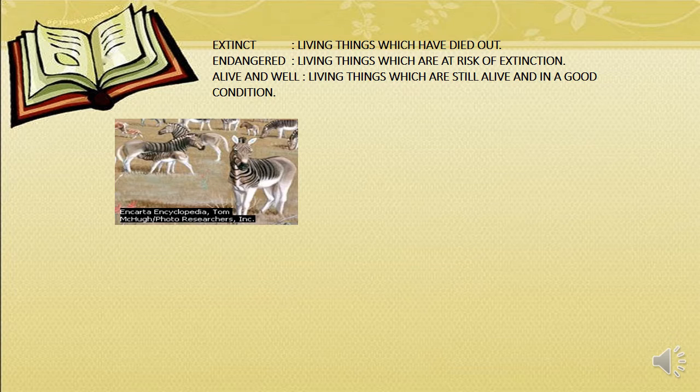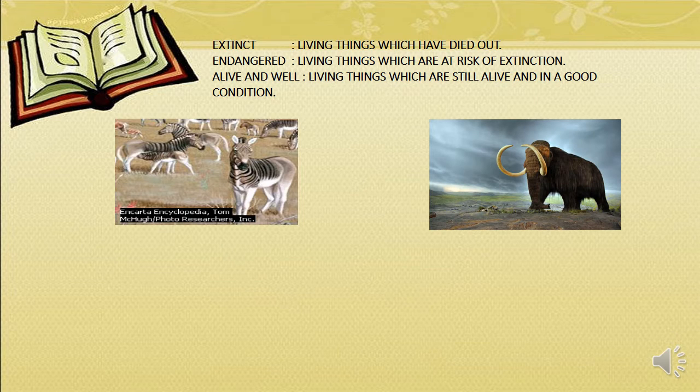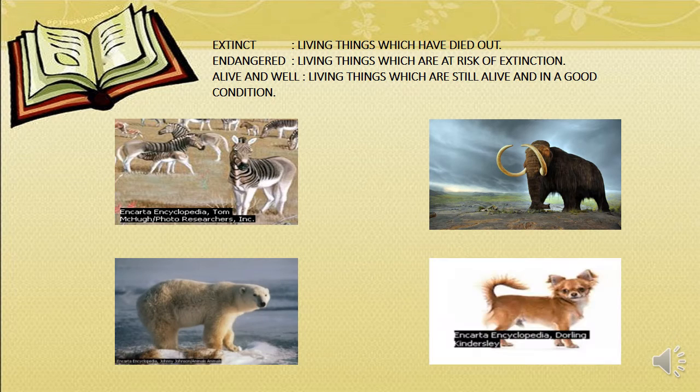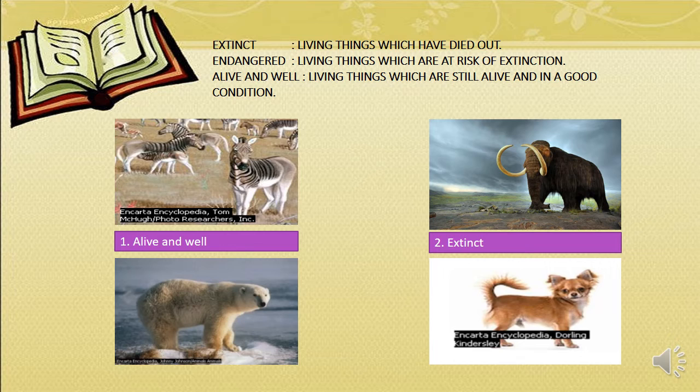For example, this picture and the next picture show you an animal. The next picture, and here you go, the last picture. In the first picture, the animals are alive and well. For the second picture, this is a mammoth. You know mammoth?